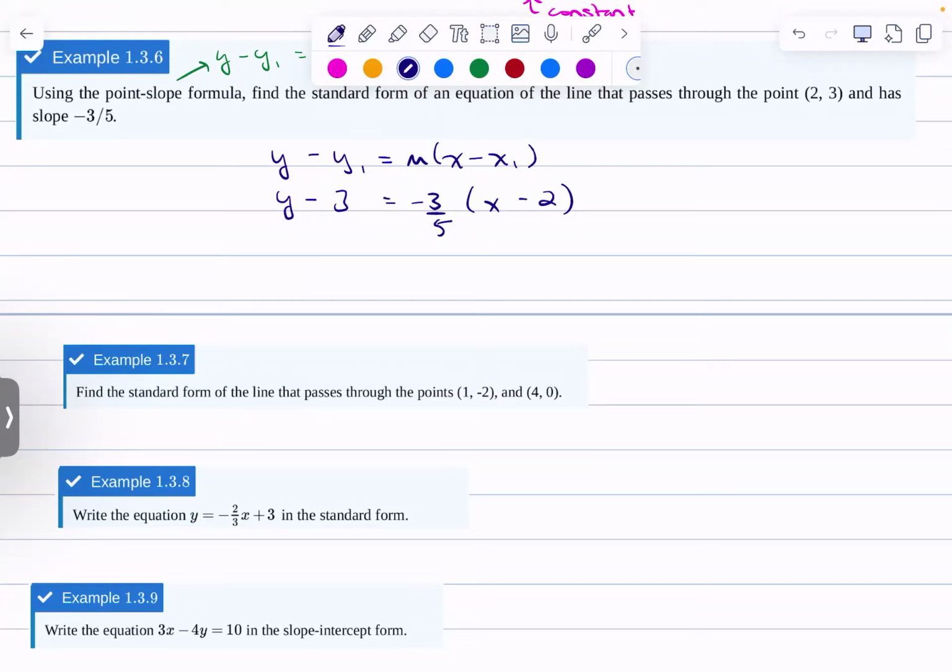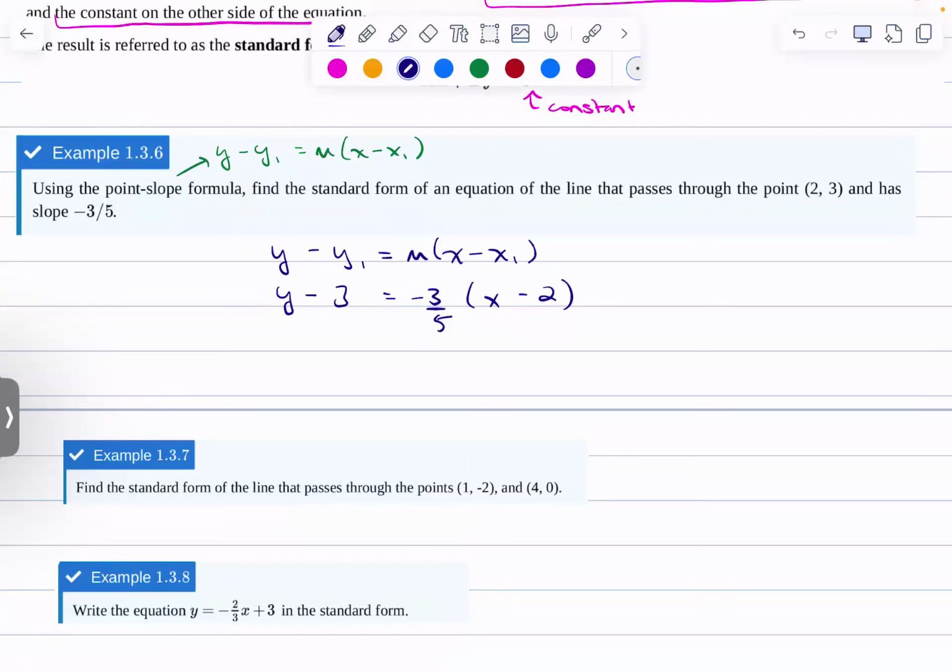Okay, but now I want to rewrite this in standard form. Standard form is when I have ax plus by is equal to c. So everything with x and y goes on one side and c goes on the other side. So anything that's just a constant goes on the other side.